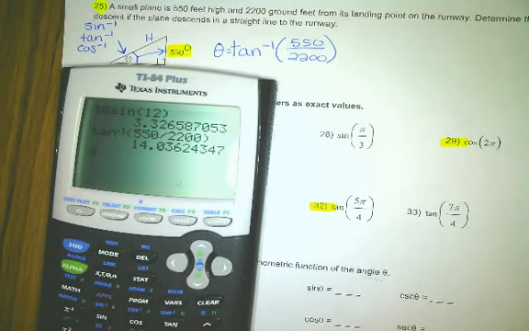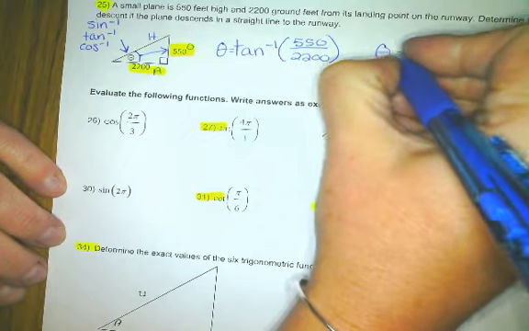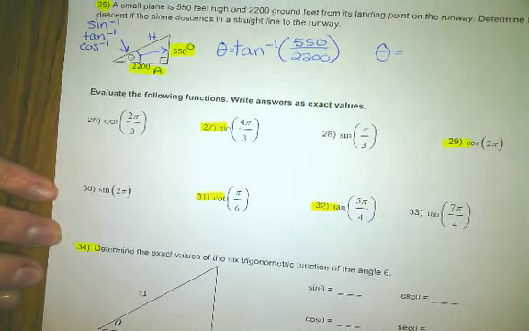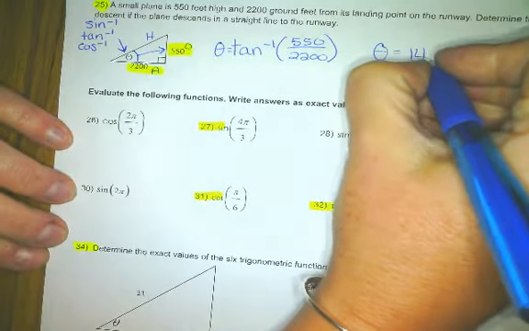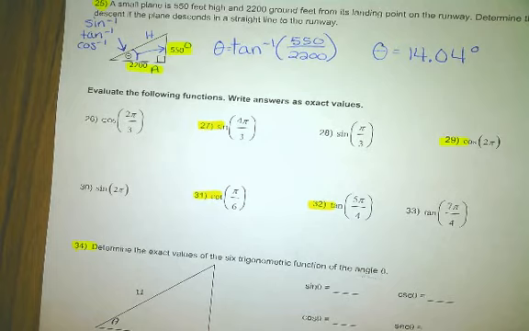And you get 14.04. So theta equals approximately 14.04 degrees.